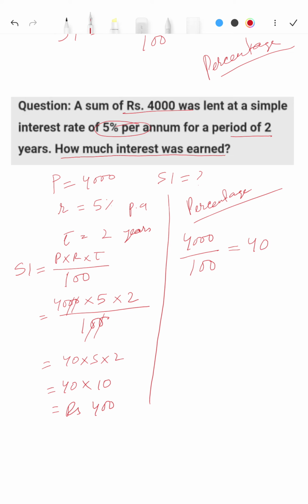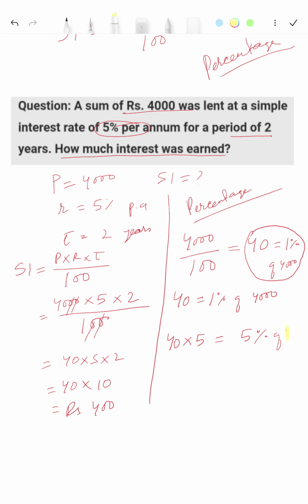This means that 40 equals 1% of 4,000. Keep this in mind. 40 equals 1% of 4,000. Now 40 into 5 will be equal to 5%.